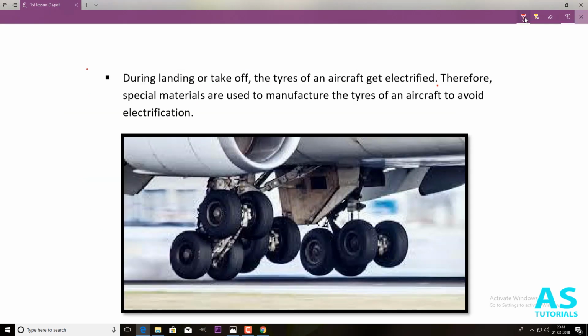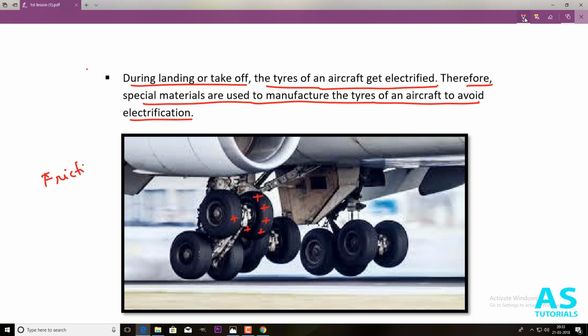And the next point is, during landing or takeoff, the tires of an aircraft get electrified. Therefore, special materials are used to manufacture the tires of an aircraft to avoid electrification. While landing or takeoff, the tires get electrically charged due to friction.